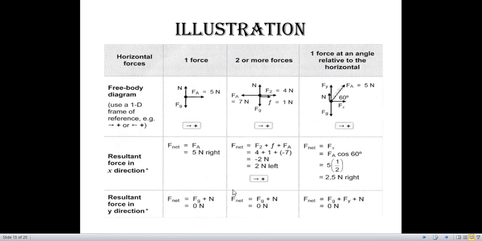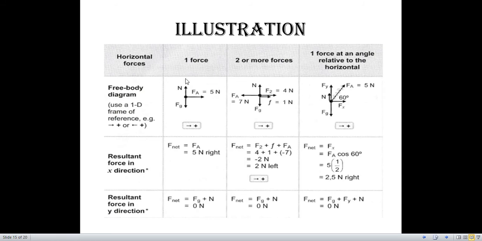Now the illustration below, when you have time, just visit this illustration here. I'll just do the touch-ups here. You see your force number one, in terms of your free body diagram, it's a dot here, and for force number one we have only three forces acting on it, because it's horizontal.